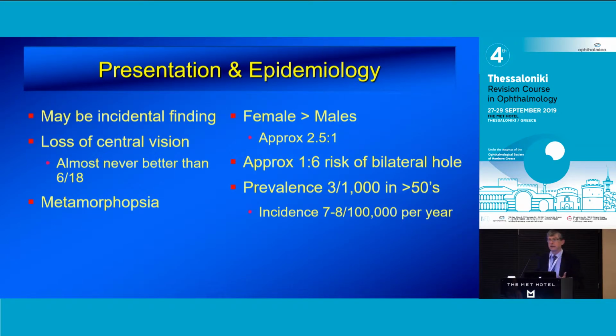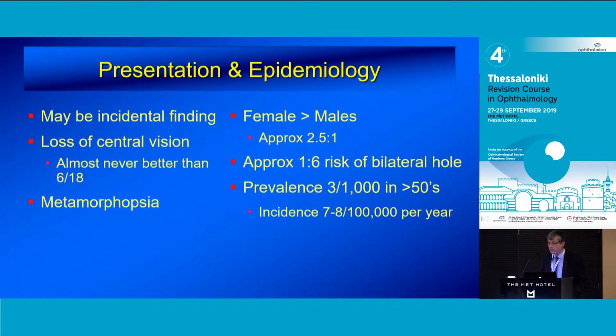Presentation: sometimes a macular hole is an incidental finding. Some patients just may not notice that they've gone blind in one eye. Where they do notice it, it's a loss of central vision. If the vision is better than 6/18, it's very unlikely to be a full-thickness macular hole. The vision is usually worse than that. And if you ask for it, they will always admit to having some distortion and metamorphopsia.